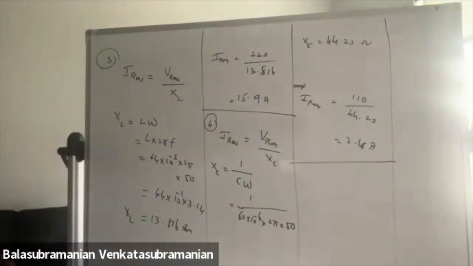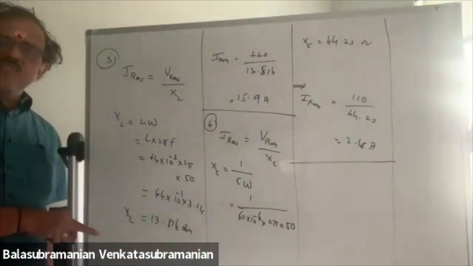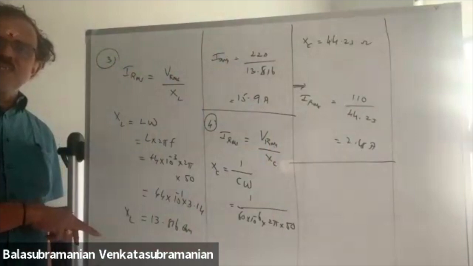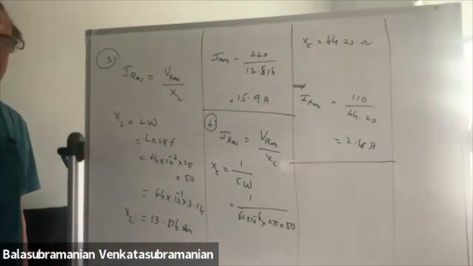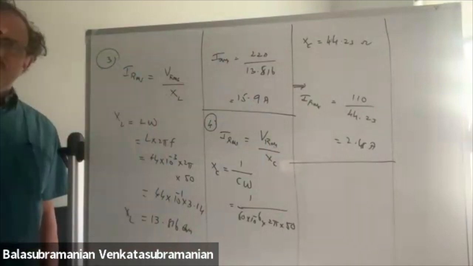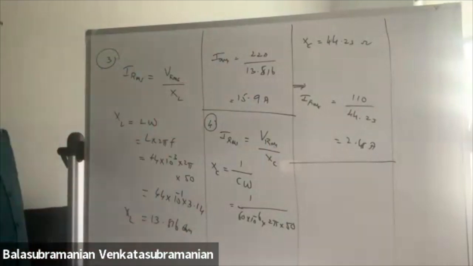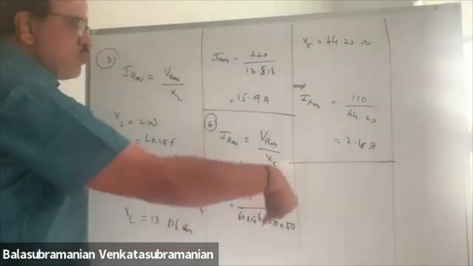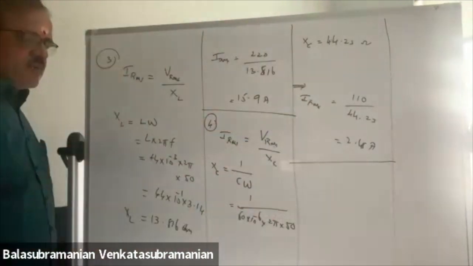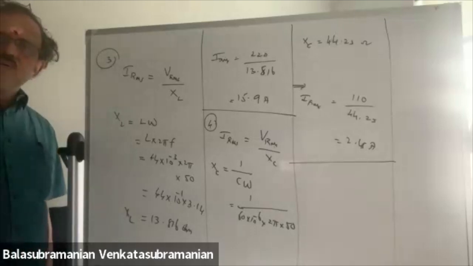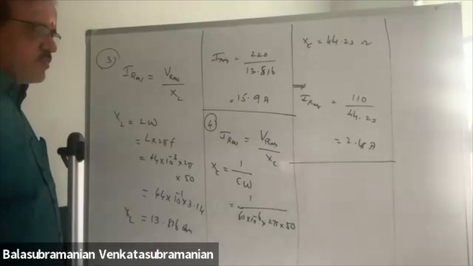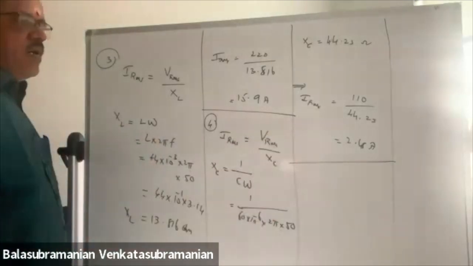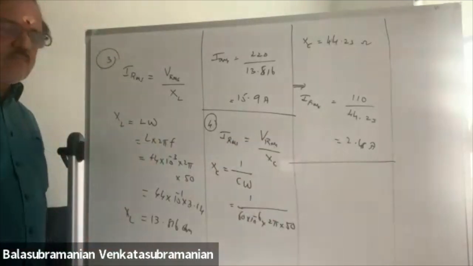So using inductive resistance, XL is equal to L omega, based on that we have calculated the RMS value of current. See, this current is more. Next, capacitive reactance is 1 by C omega. So that goes to the numerator. So the total value will be less comparatively. 2.48 ampere.